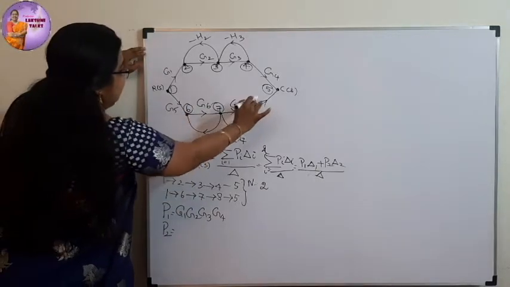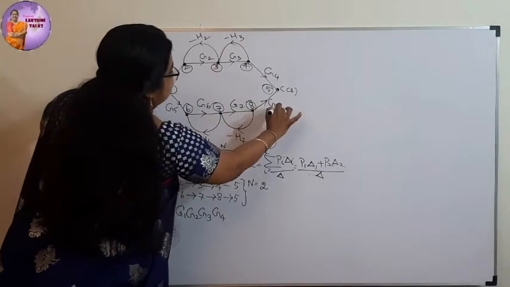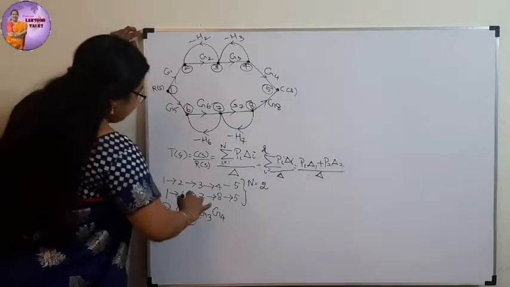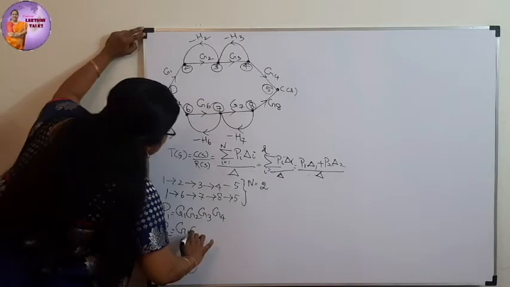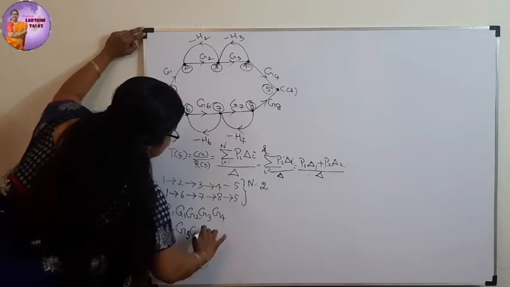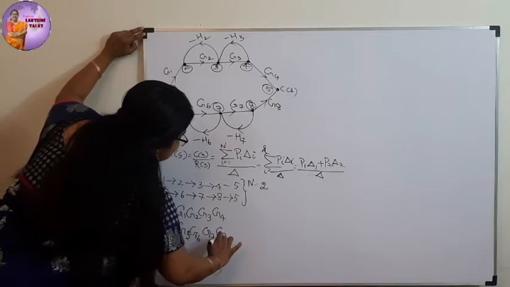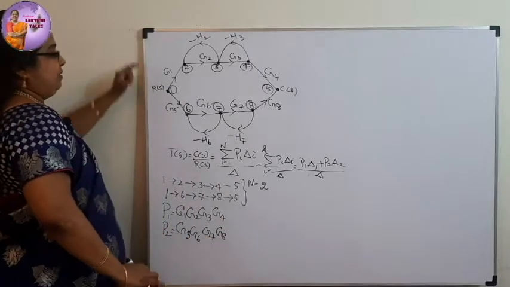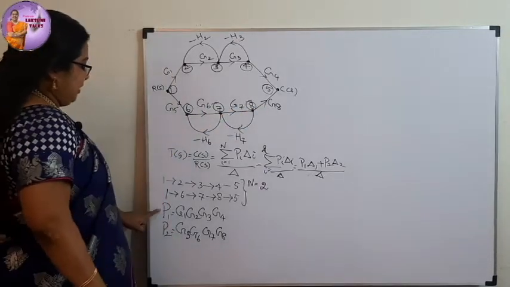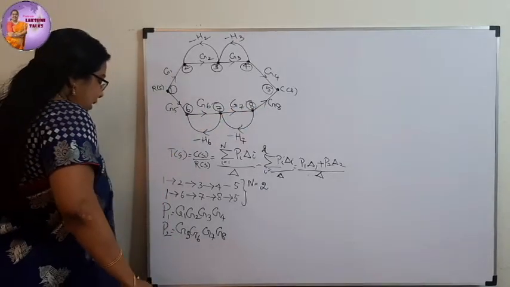G5, G6, G7, G8. So P2 is the product G5, G6, G7, G8. So we have found P1 and P2.